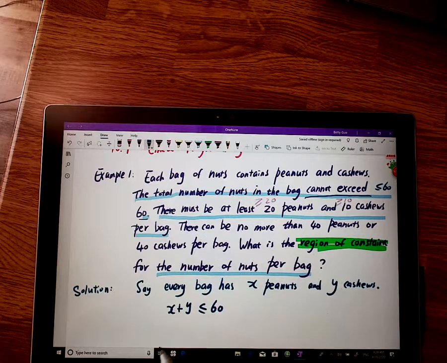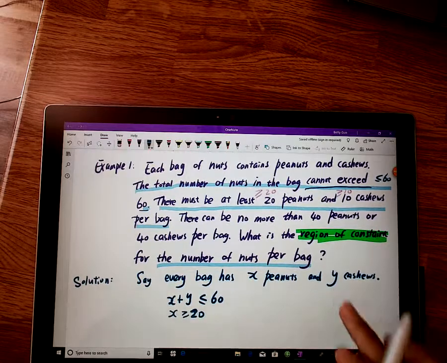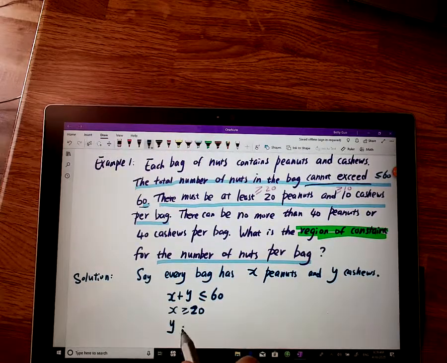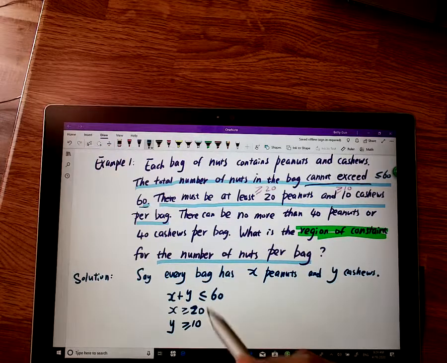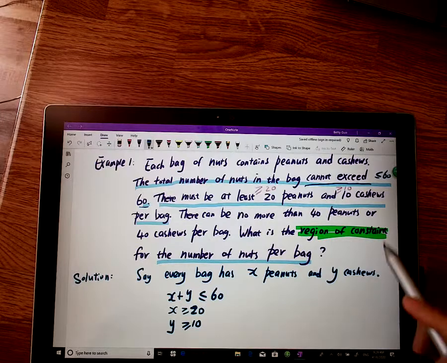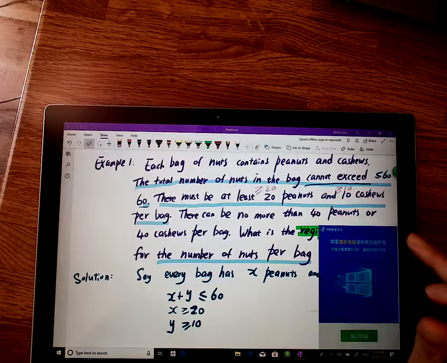Lower bound. So the number of peanuts per bag must be at least 20, so x has to be at least 20. And the number of cashews, which is y, must be at least 10. So far we have 3 restraints. So now you understand what a constraint is, right? Constraint. Let's keep reading.